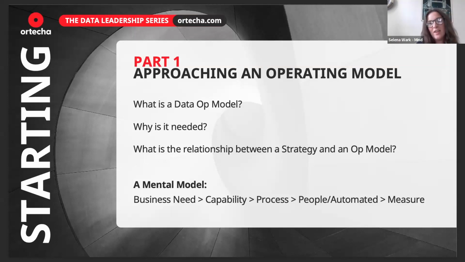Well, we've recently been looking at our op model, and we started by understanding what our capabilities were. We've done a DCAM assessment across the organisation, and we understand where good things are happening and where our gaps are. We did that with Ortecha. We chose to take a partner in this journey, throughout the journey.